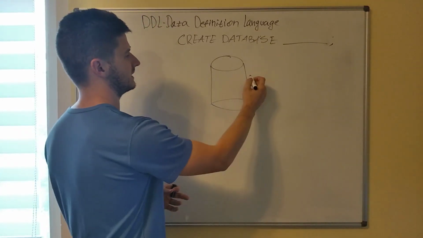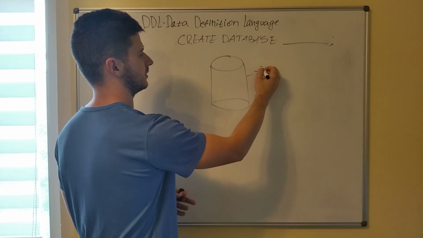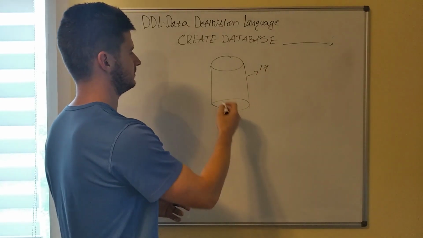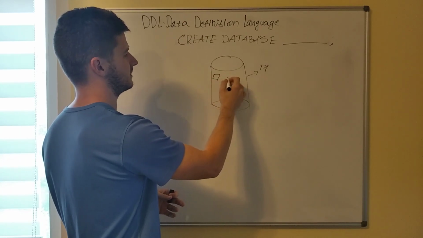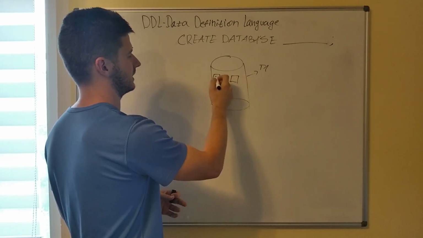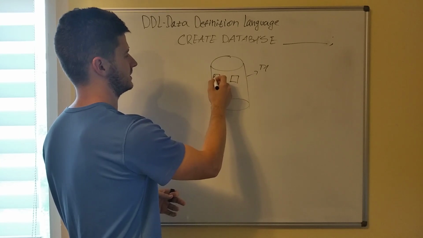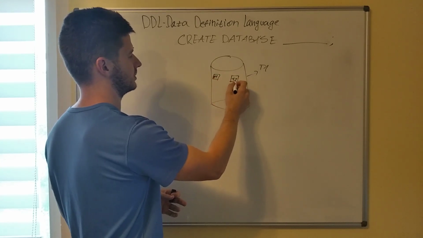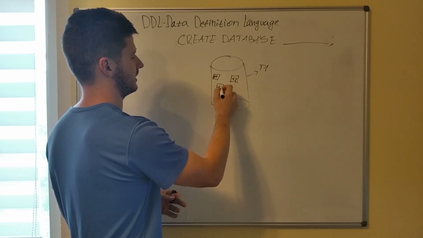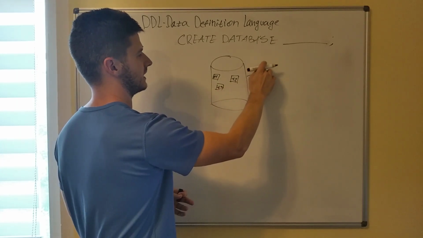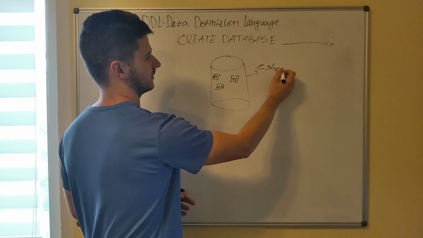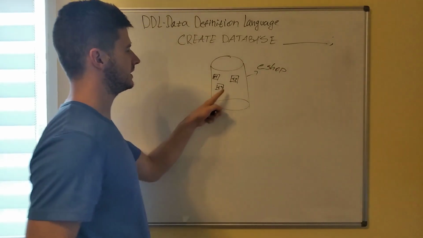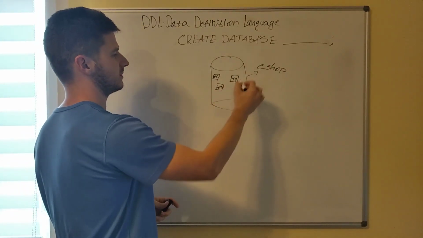So if my database is named, I don't know, T1, inside T1 we can have basically as many tables as we like. So we can have table 1, table 2, table 3. And let's just rename this guy here, so let's call it eShop. So this is our database, it's called eShop, and it has 3 tables inside it.